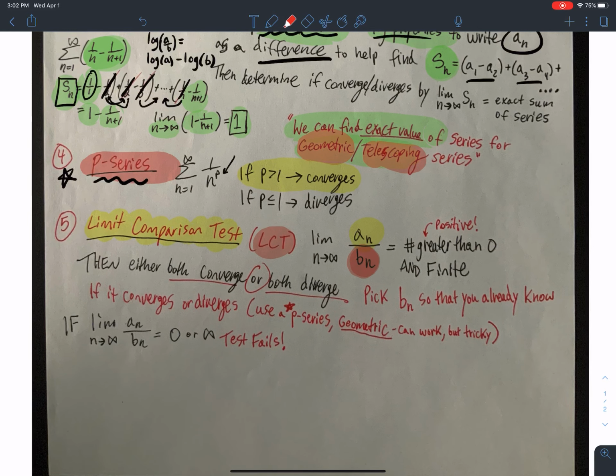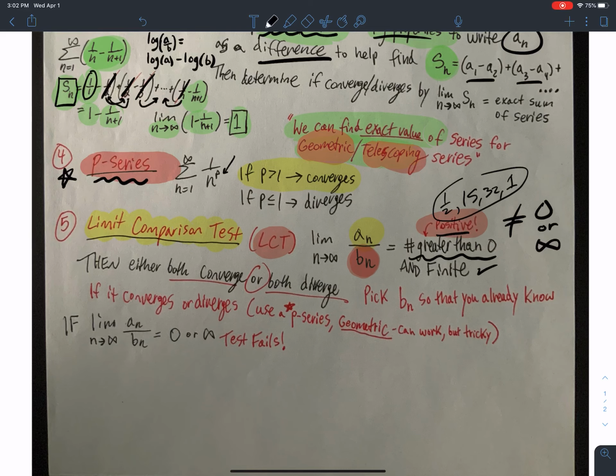The rule about the limit comparison test, really what you got to watch out for, is that when you take that limit, you get something that's positive, and it's not infinity and not zero. So I can't have my limit equal to zero or infinity. As long as it's some positive number, like a half, 15, 32, 1, whatever, greater than zero and finite, then we're good to go.